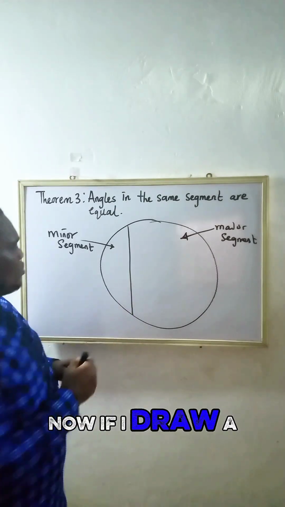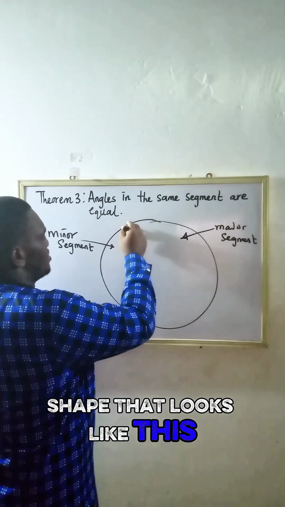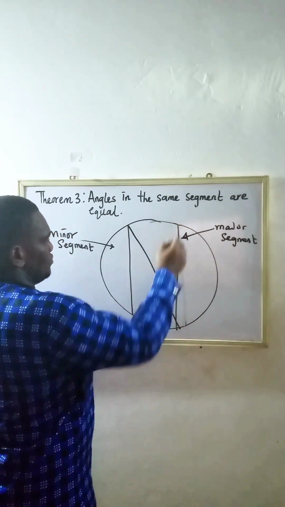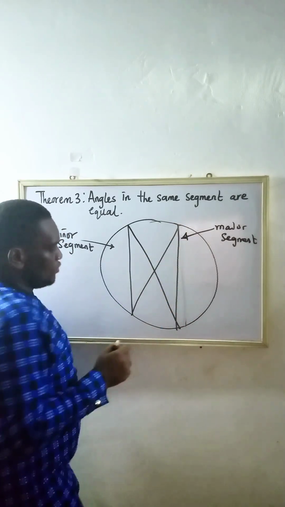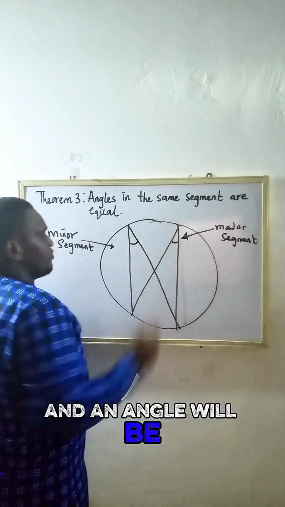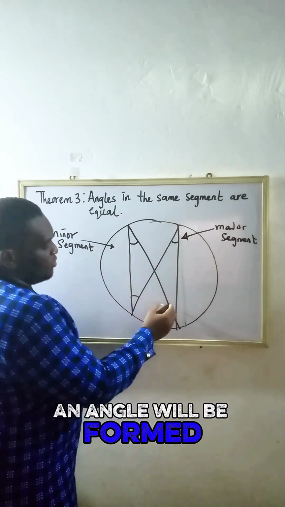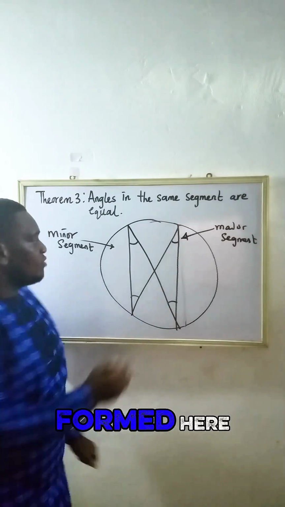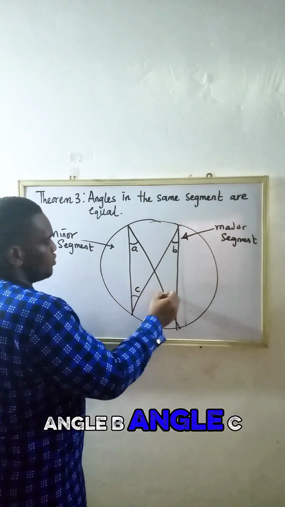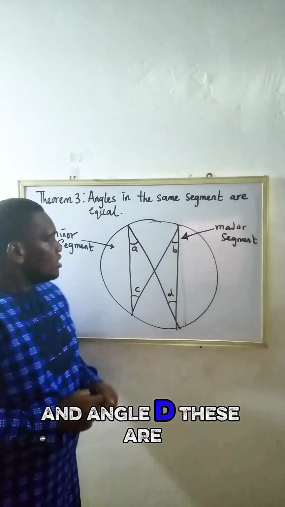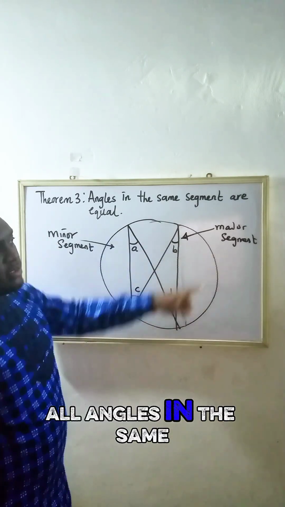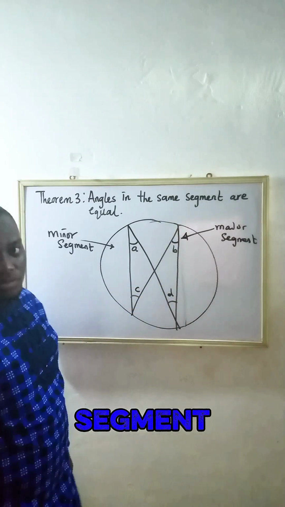Now, if I draw a shape that looks like this, do you notice that an angle will be formed here and an angle will be formed here? So let me just label the angle A, angle B, angle C, and angle D. These are all angles in the same segment.